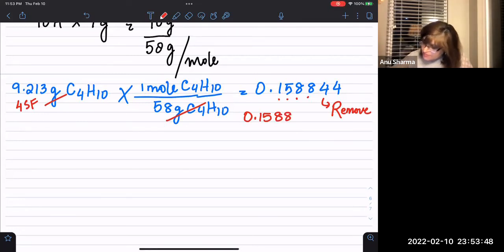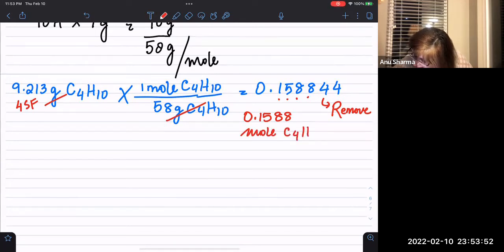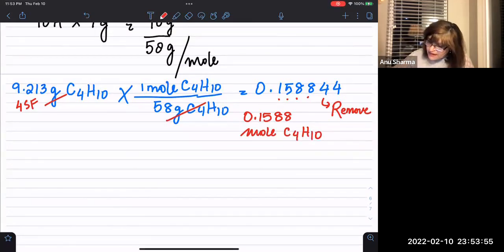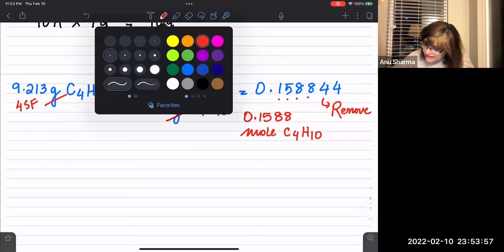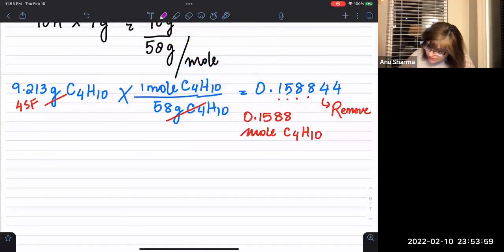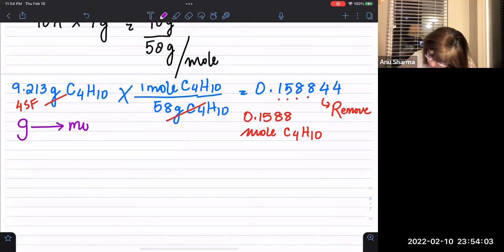That's the number of moles of C4H10. This one was the grams to moles conversion.